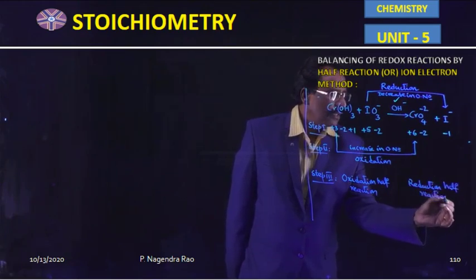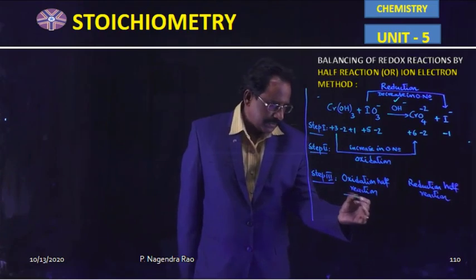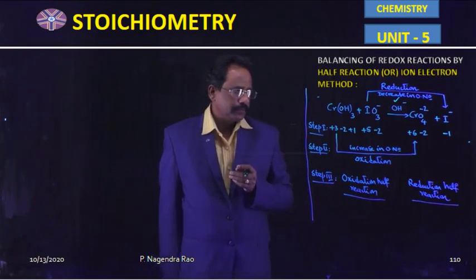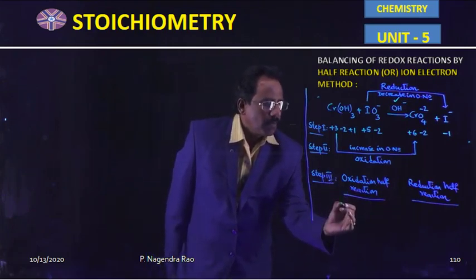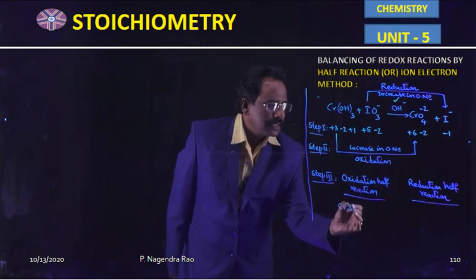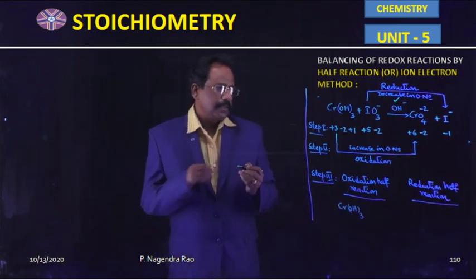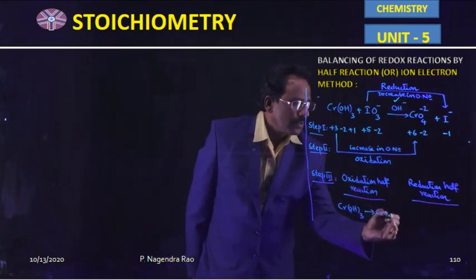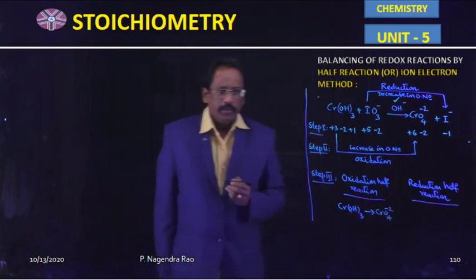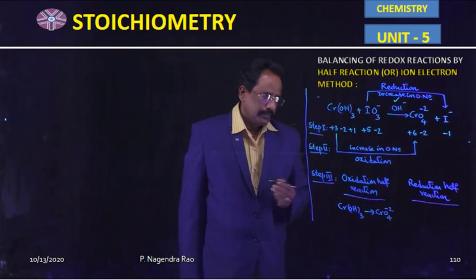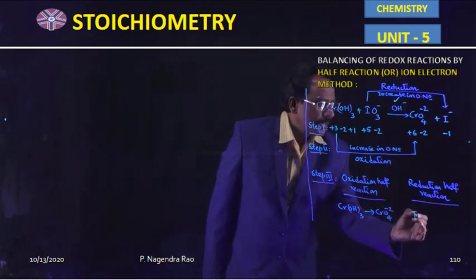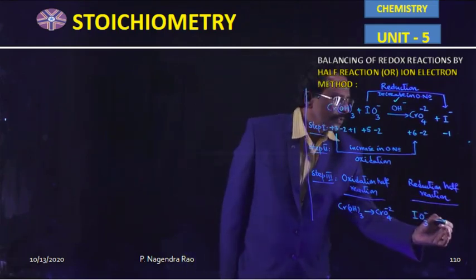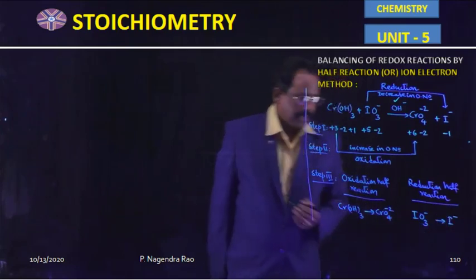In this example, the oxidation half reaction is Cr(OH)3 is oxidized to chromate ion, and iodate ion is reduced to I minus ion.